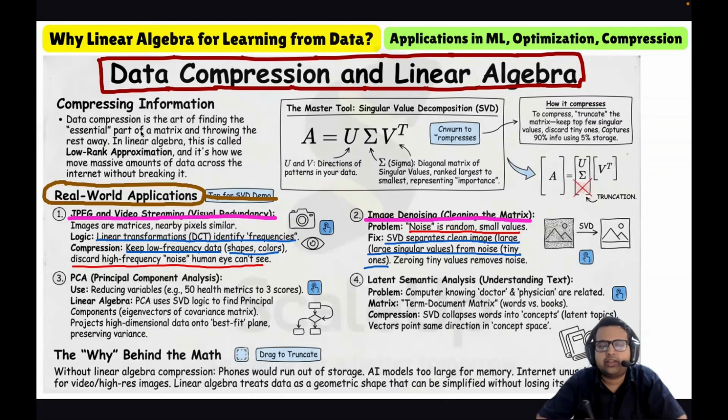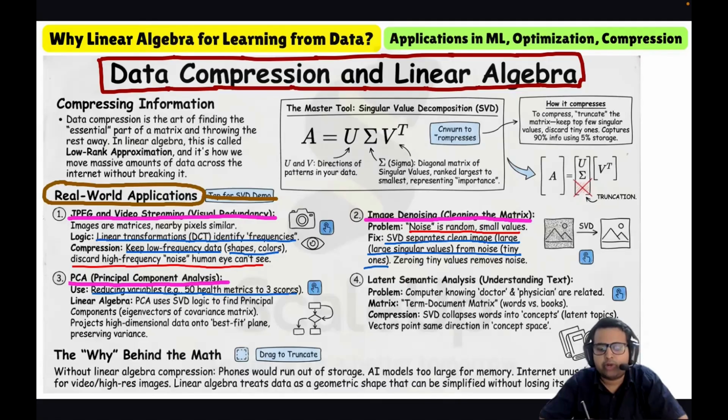Now the next real world application of data compression is principal component analysis, PCA. So reducing the number of variables in a dataset, like reducing from 50 health metrics to 3 health scores, is what principal component analysis is.